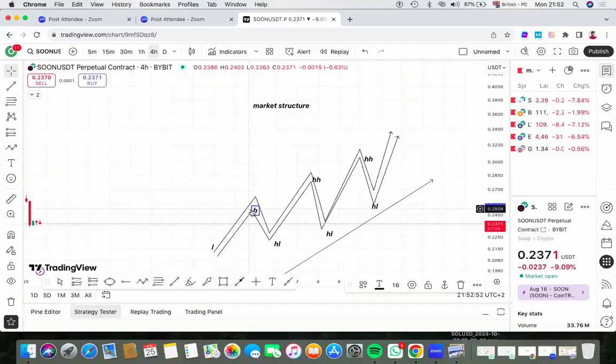Now we know that the market has created a high, and it's moved back down. This movement that the market just did from here to this upside is what we refer to as a high, okay? So if this market should go back down, we refer to it as a low.